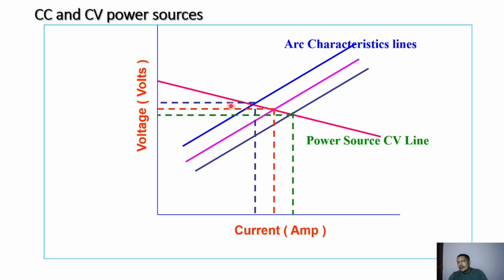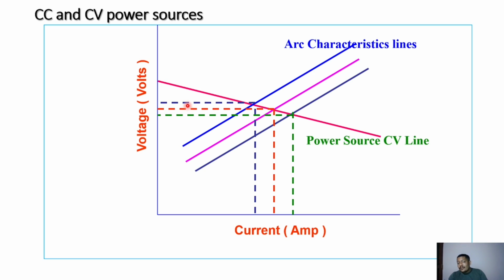When you take a similar point in all the 3 lines, based on the drooping characteristics, you can see the change in current between your blue and red line. When you compare the same between the blue and red line, the change in voltage is very minimum.